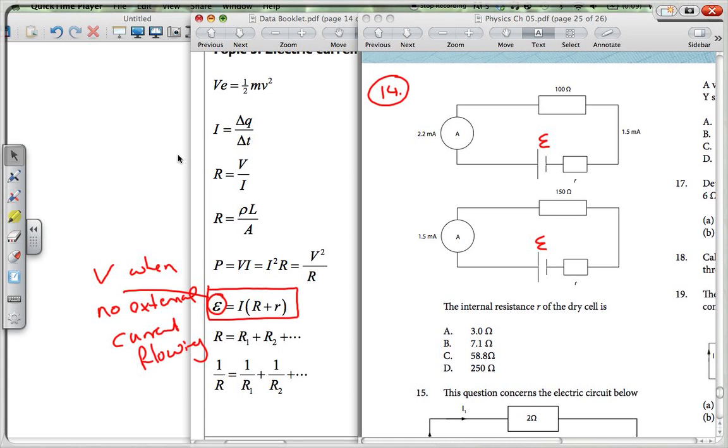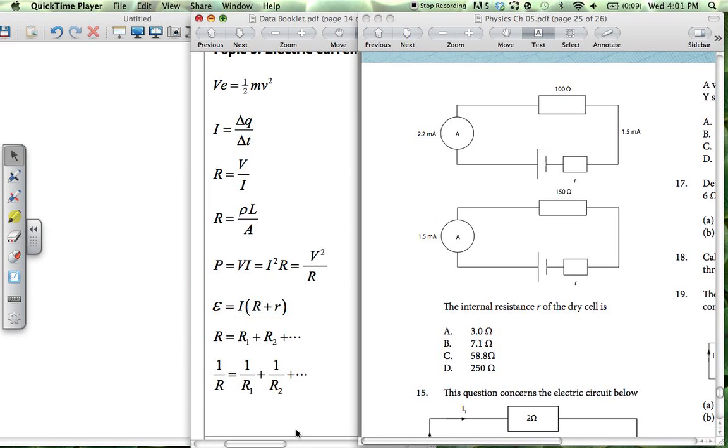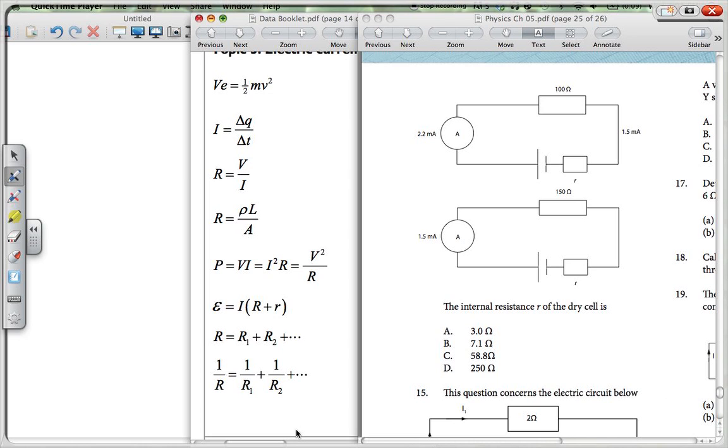What we want to work out with this is the internal resistance of the cell. This is actually the resistance within the cell. We're also going to use this formula over here, and that will be the same for both of these, but I can put in my values. For the top circuit over here, don't worry about this, this is a mistake.